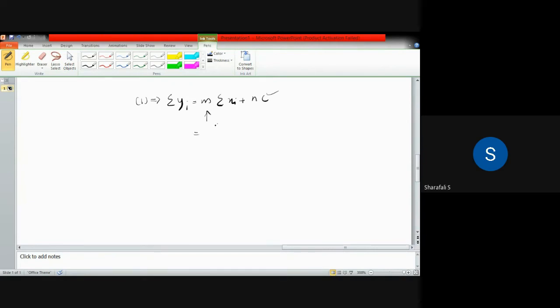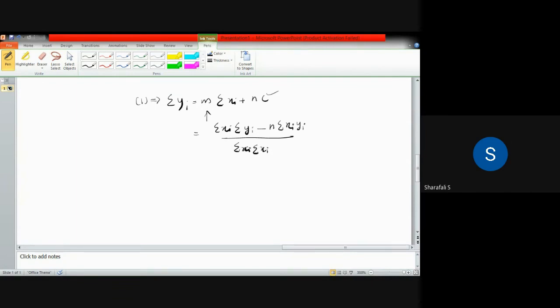This will be sigma xi into sigma yi minus n into sigma xi yi divided by sigma xi into sigma xi.